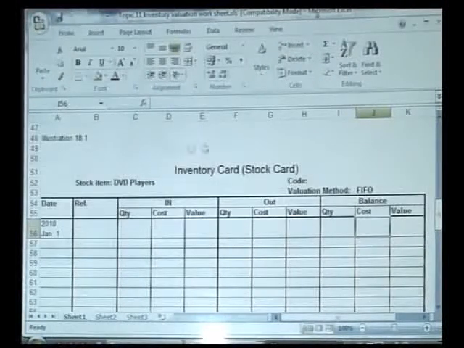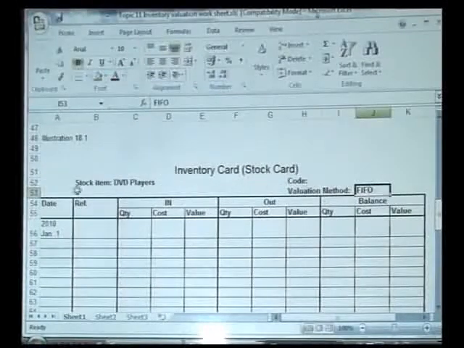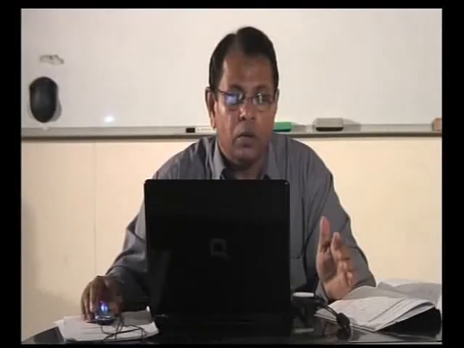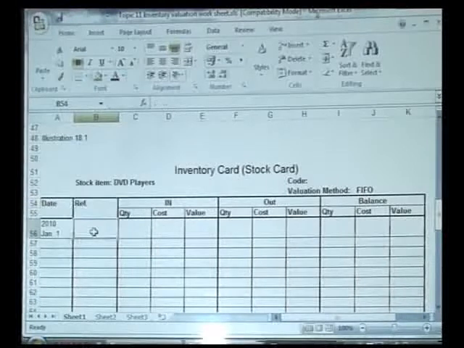So these are the basic information. There may be some more information, but I included only the basic information. And then date column, reference column. The reference column shows the document reference. For the stock movements, the two source documents used are invoices and the goods receipts notes. The shortened form for goods receipts note is the GRN.